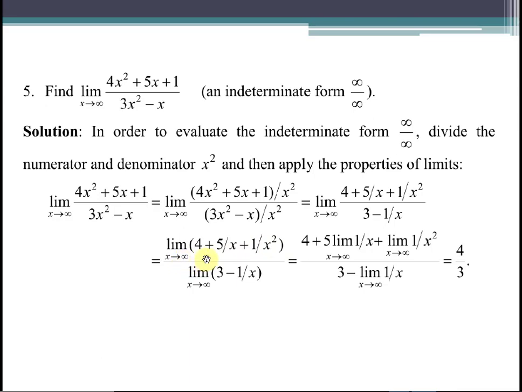As x tends to infinity, we have 0 in the middle, and the third one is also 0. And in the denominator, if x tends to infinity, the second term tends to 0, and it means we have just 4 over 3, because the other terms are 0.